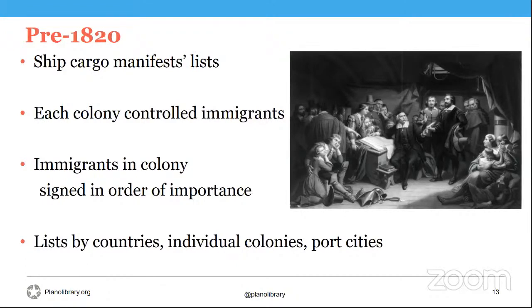Now, a colony would control the immigrants. So the colony that they came over to might have a list, but it wouldn't be a passenger list. So there may not be what ship they came on, and there may not even be where they came from. But they would have a list of those that were moving into their colony or into their area.